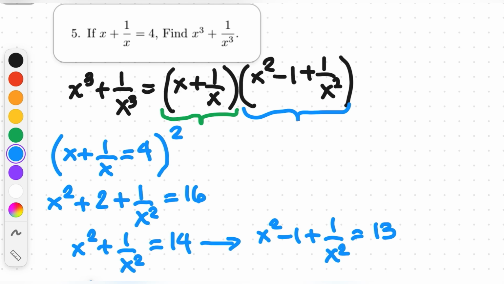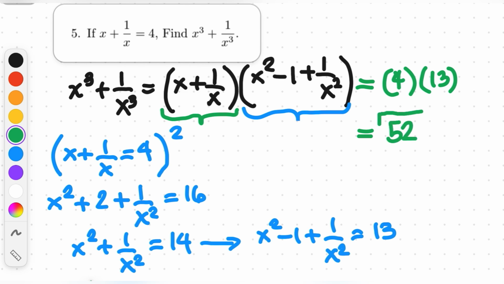And now we have all the values that we need. So x cubed plus 1 over x cubed is just x plus 1 over x, which is 4, times x squared minus 1 plus 1 over x squared, which is 13. And 4 times 13 is just 52. There we go.